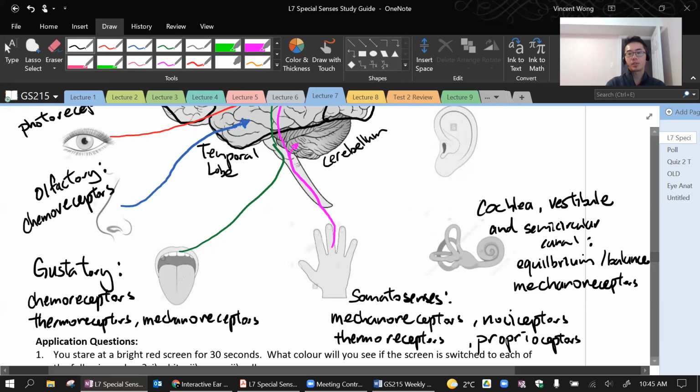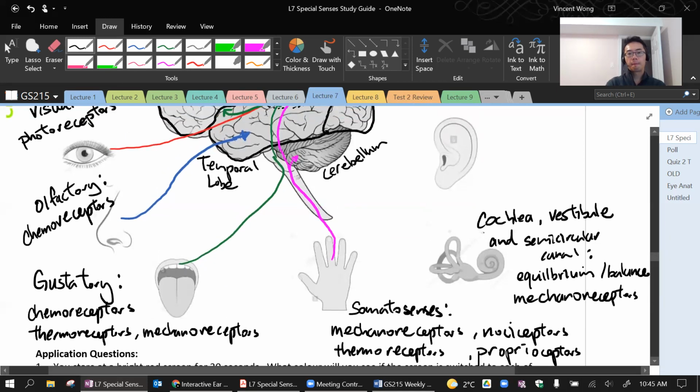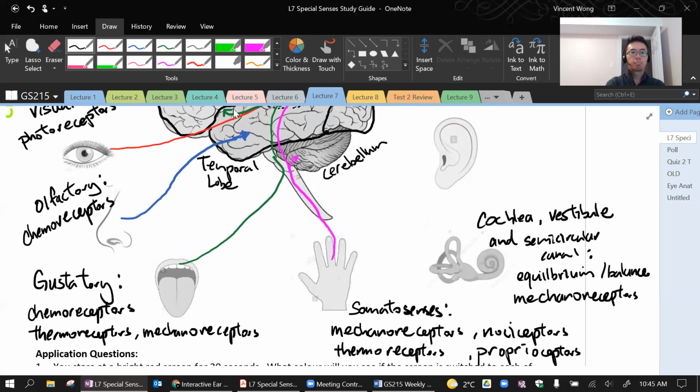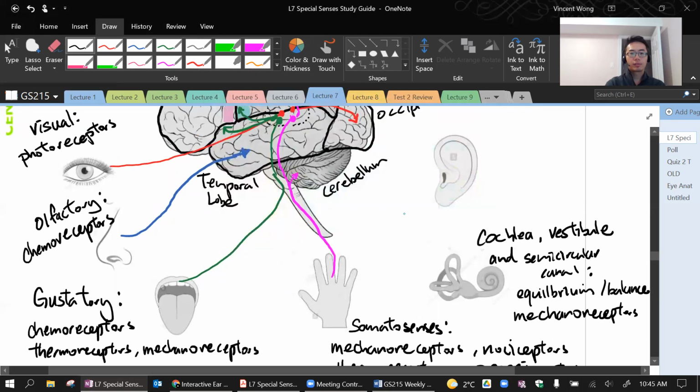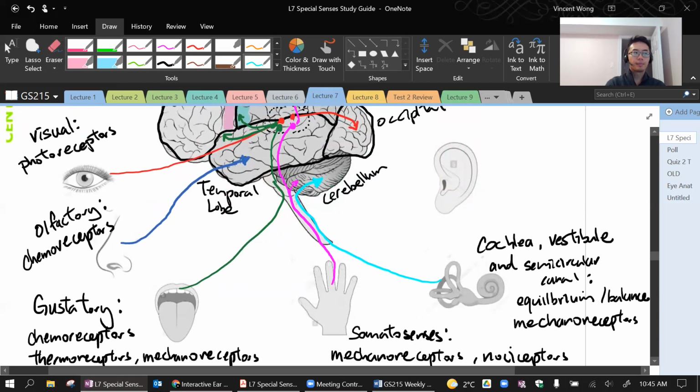Okay, the hair cells that we talk about, right? So where do they go? Again, up the brainstem. And it's going to go to the cerebellum.